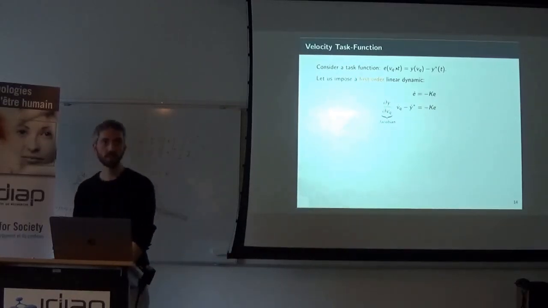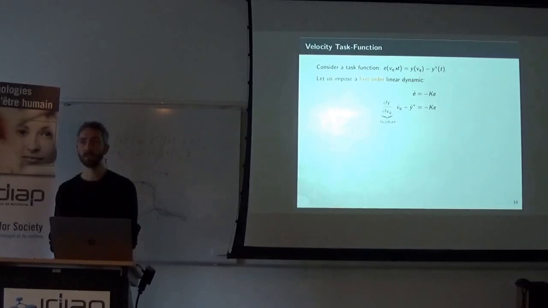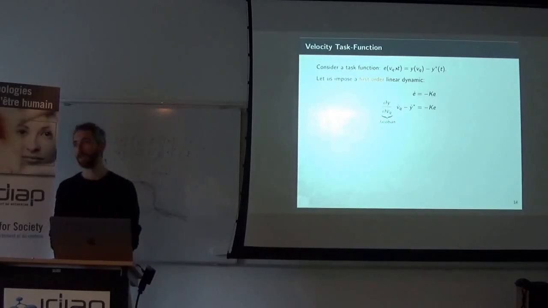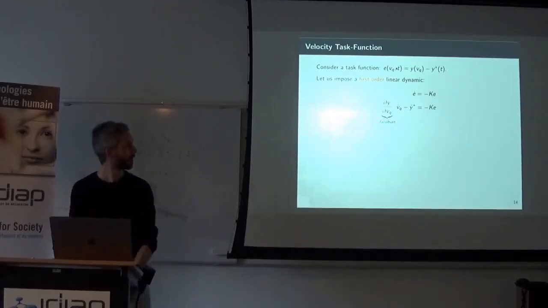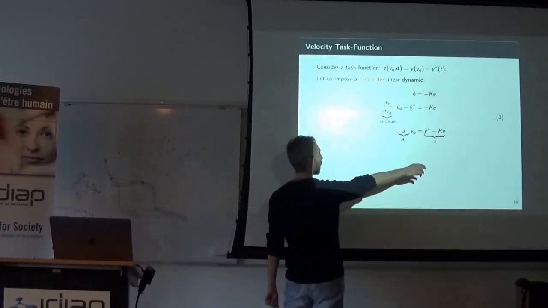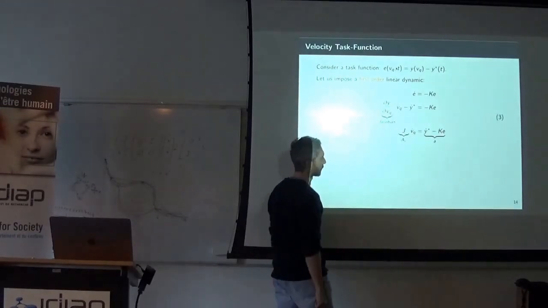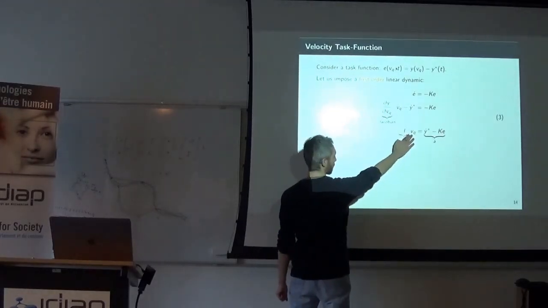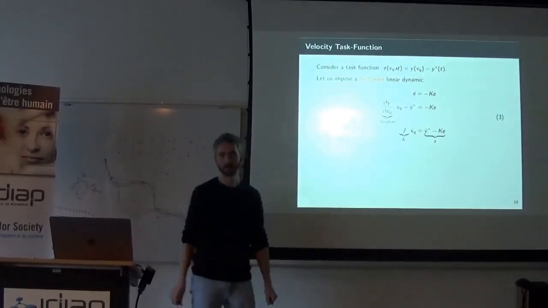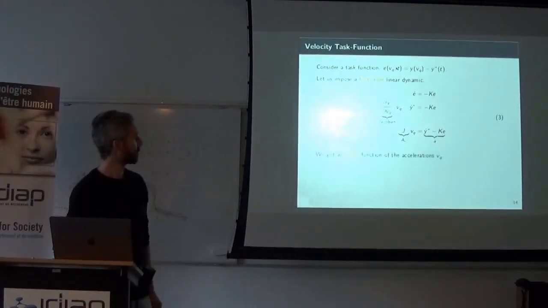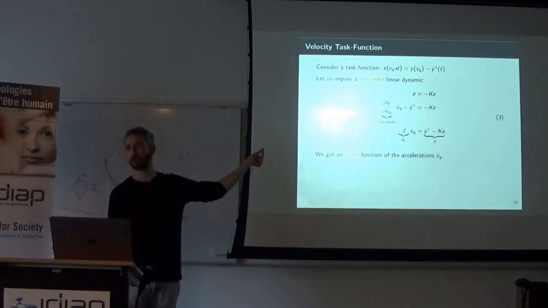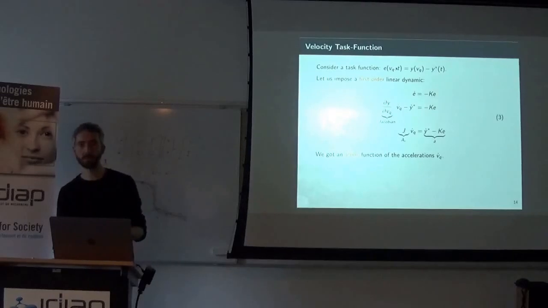It's the same Jacobian that Nikolai explained to you yesterday, and it's the same Jacobian that appears inside the dynamics of the mechanical system. So in the end, we have this affine function of the accelerations of the robot. So the Jacobian times acceleration, we would like it to be equal to this. And we will see later that the fact that we get an affine function is very important for computational aspects.